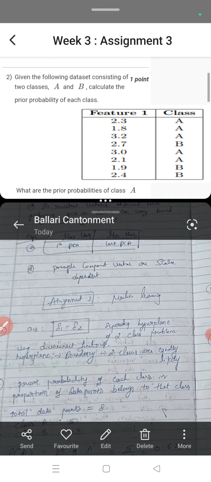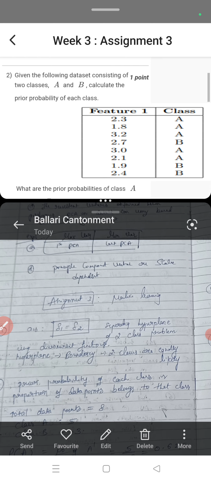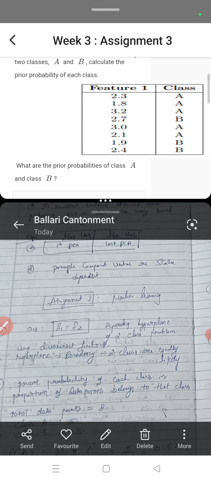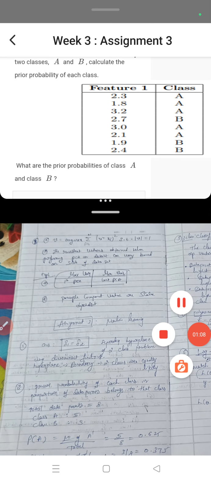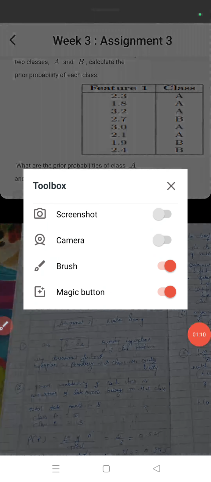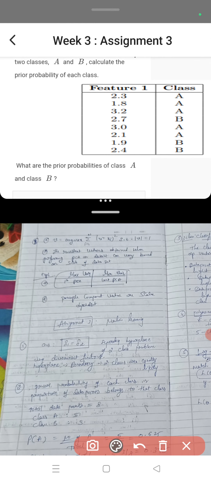Next, for the second question, they have given A and B, and we must calculate the prior probability of each class. From the table, we know the total data points are 8, class A is 5, and class B is 3.